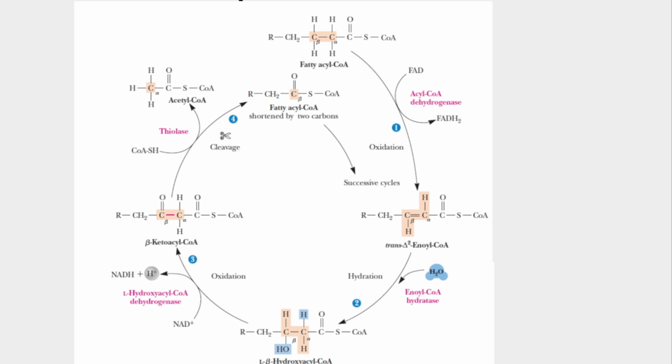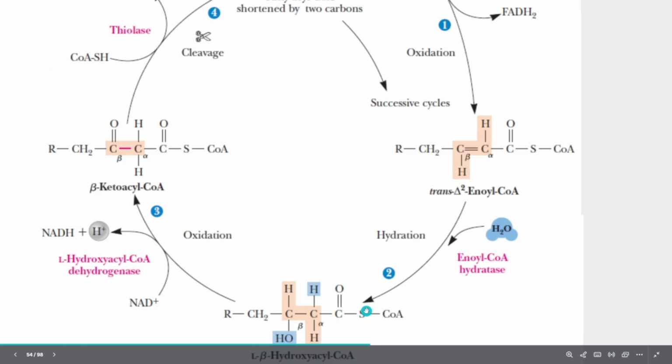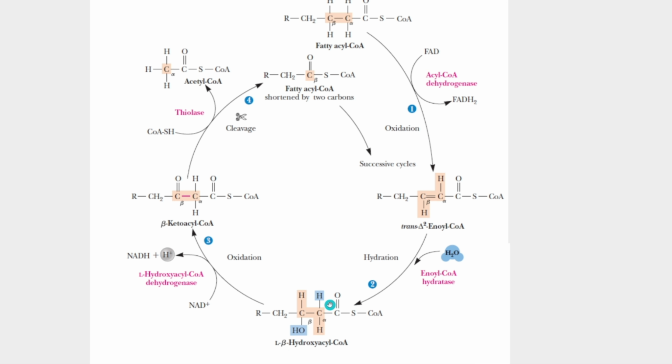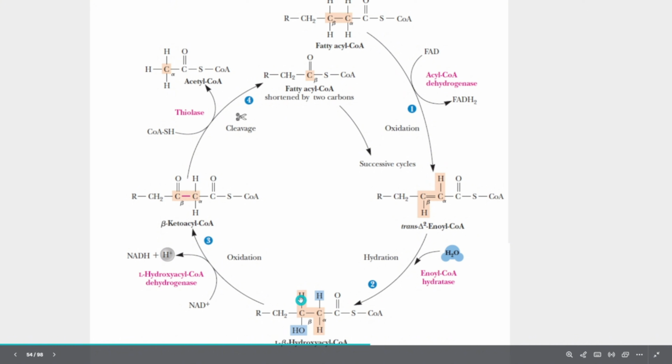This is to form unsaturated alkyl CoA. After that, this unsaturated alkyl CoA, or enoyl CoA, will undergo a hydration reaction to form hydroxyl alkyl CoA. Meaning that it cleaves the double bond to become a single bond, but now the alpha carbon still has an H atom, while the beta carbon has a hydroxyl group.